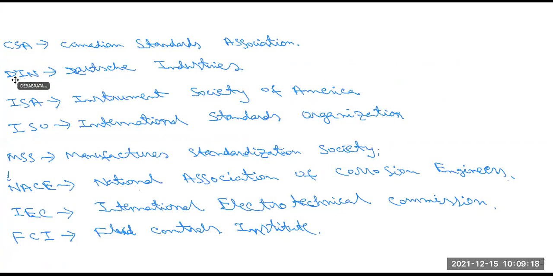And others: CSA, Canadian Standards Association; DIN, Deutsche Industrie Normen; ISA, Instrument Society of America; ISO, International Standards Organization; MSS, Manufacturers Standardization Society; NACE, National Association of Corrosion Engineers; IEC, International Electrotechnical Commission; and FCI, Fluid Controls Institute.